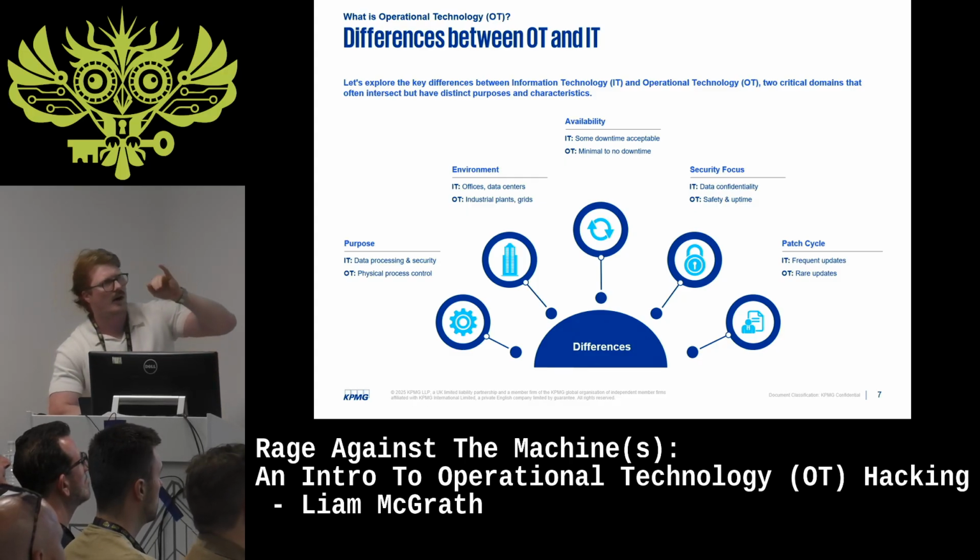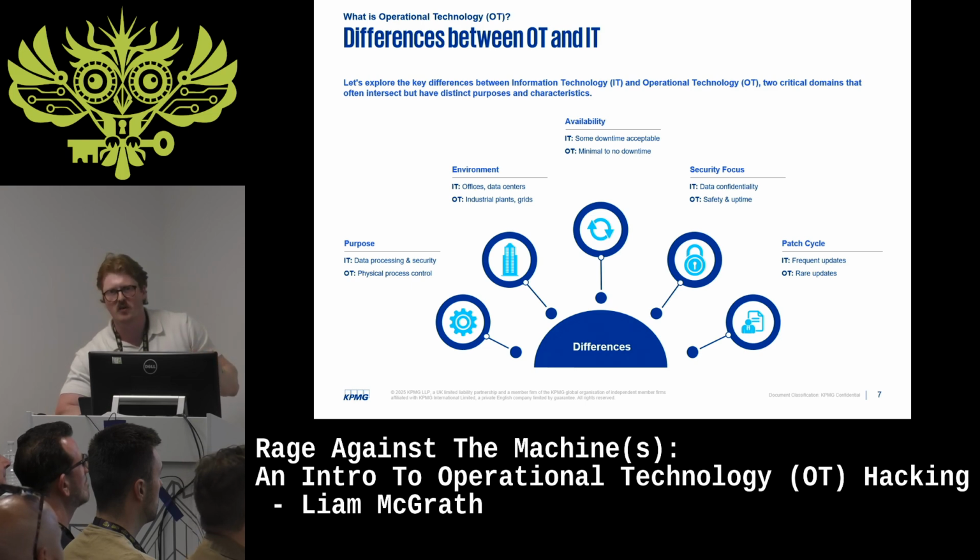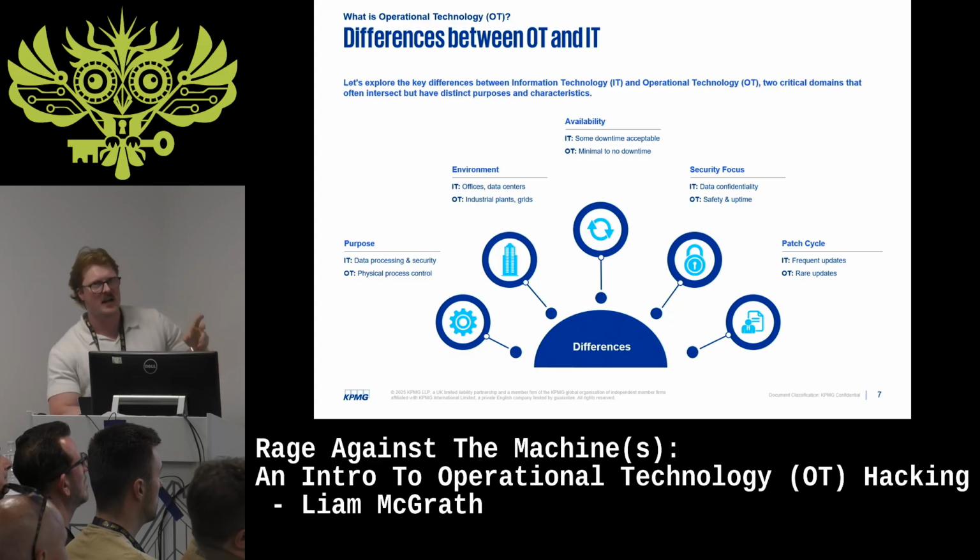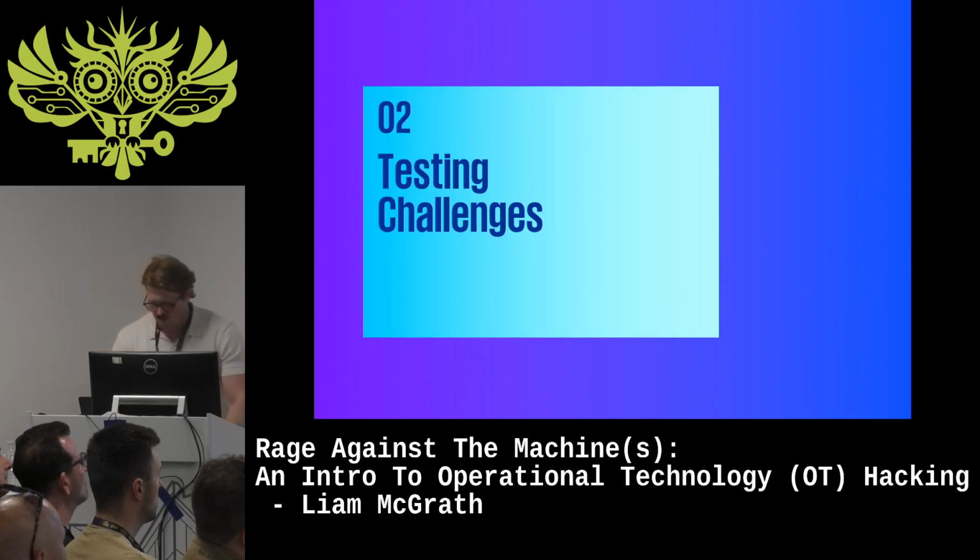Security focus: IT is very much about data security, authorization, and confidentiality, integrity and whatnot. OT is very, very, very heavy on the safety side. I'm going to get into that in a little bit for obvious reasons. And patch cycle goes with what I was saying about the specialized software and hardware and the lack of available downtime to upgrade things. Patch cycles can be few and far between in OT compared to your Windows. IT is all the time.